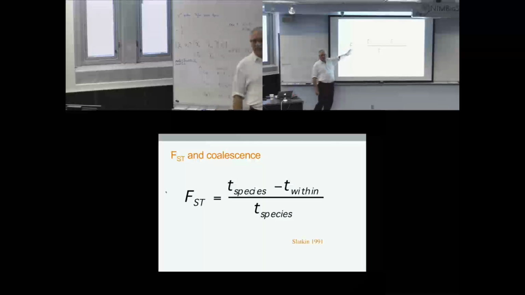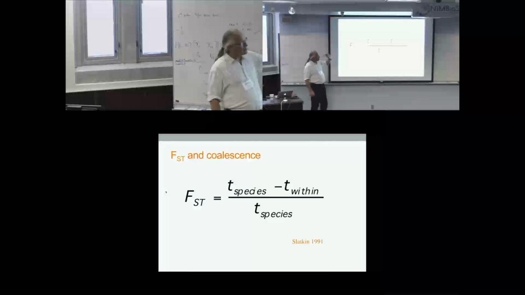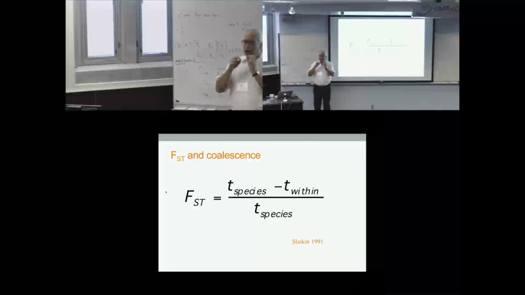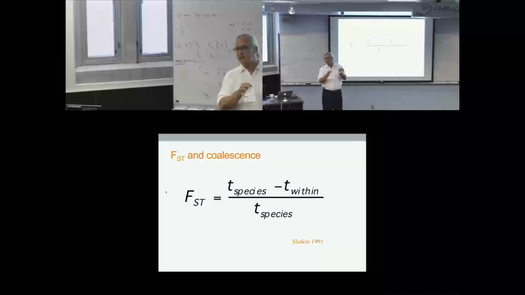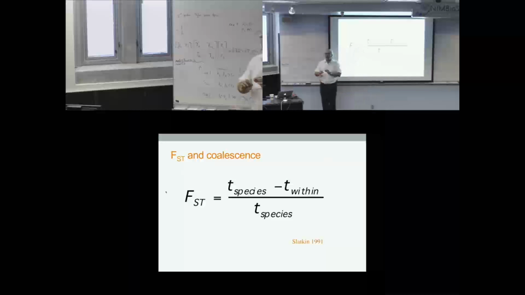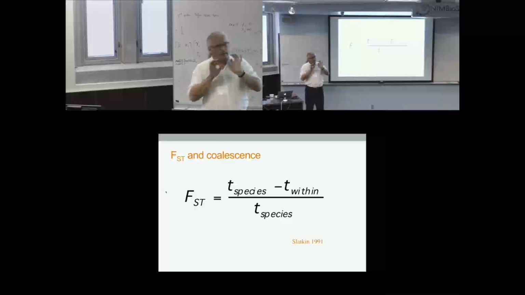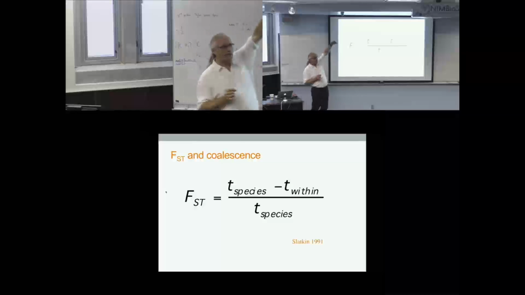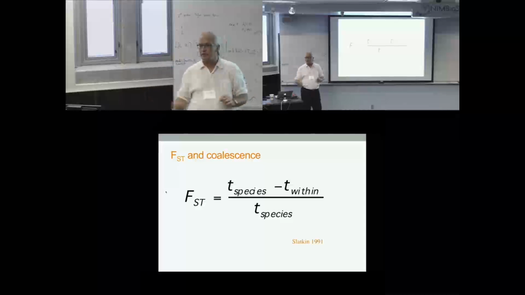Another interpretation of FST is that it gives us an index of how much shared history there is for individuals that come from within a population compared to individuals that are drawn at random from the whole species. So this T species is, on average, the time in the past to the most recent common ancestor of two alleles when those alleles are chosen at random from the whole species.